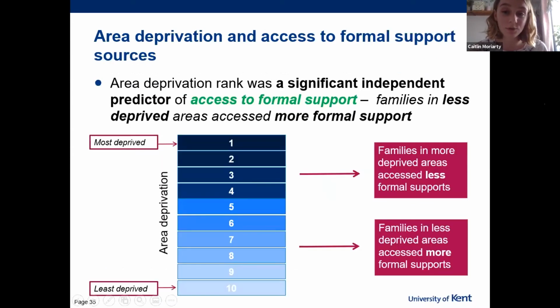For access to formal support sources, our findings show that the area deprivation rank of families' local area was a significant independent predictor of access to formal support, meaning that families in less deprived areas accessed more formal support.